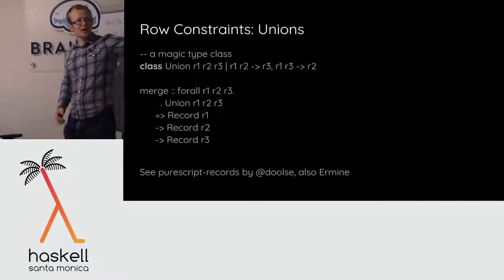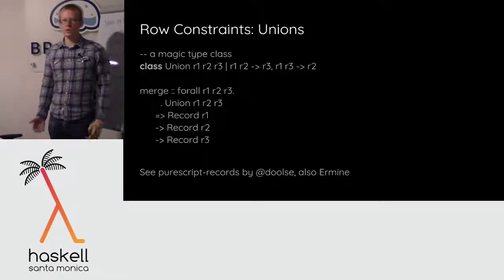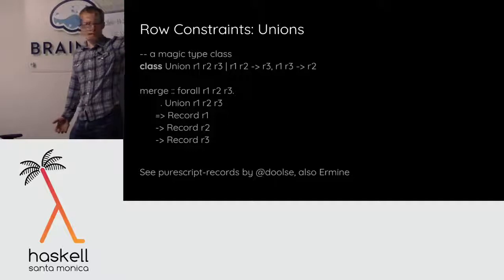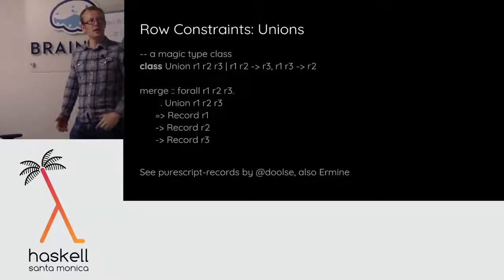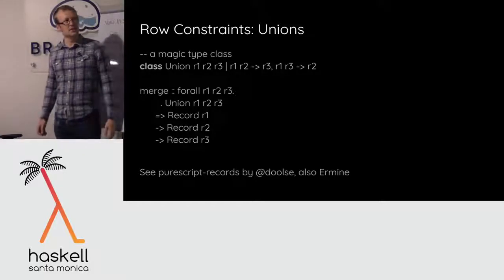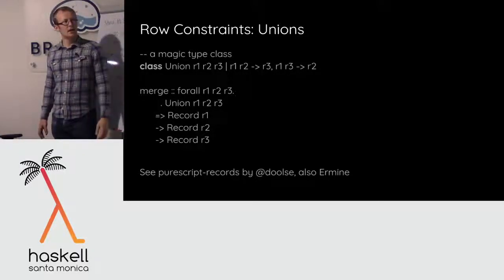Well, I can't write type class instances for rows because they'd all be orphans anyway, right? But what I can do is just define this class in the compiler and then have the compiler solve it automatically. And we do that for a handful of instances, right? So it's just this magic type class that essentially is baked into the compiler.